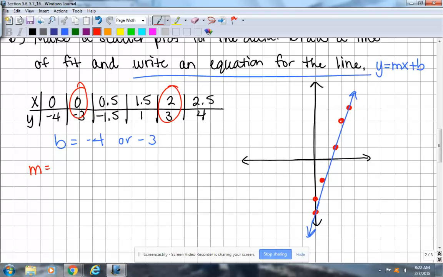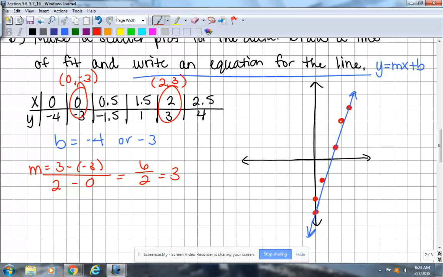So the y2 is 3, right? If you need to rewrite them so that you can tell, by all means do that. So that's going to be 3 minus -3 over 2 minus 0. Well, that makes 6 over 2, which is what?